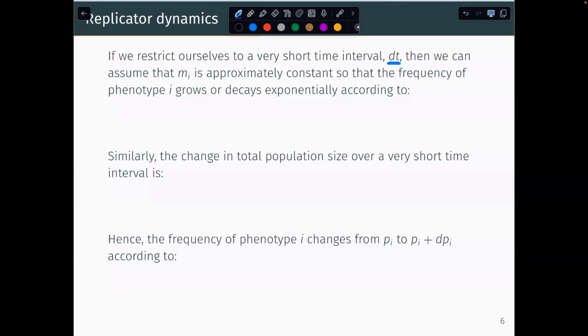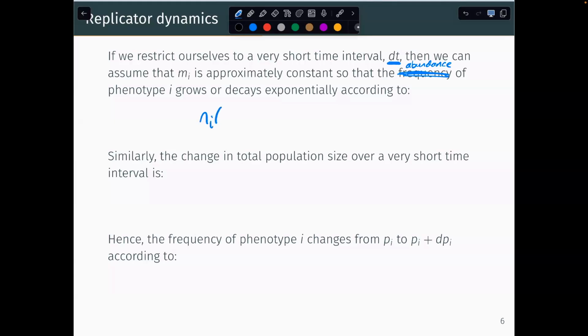So in that very small window from t to t plus dt, again, a little error. This should be the abundance, not the frequency. The abundance of phenotype i grows or decays exponentially in that short window, okay? Because this mi is constant.